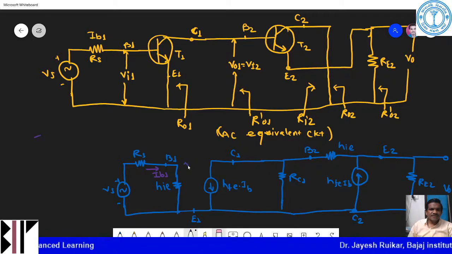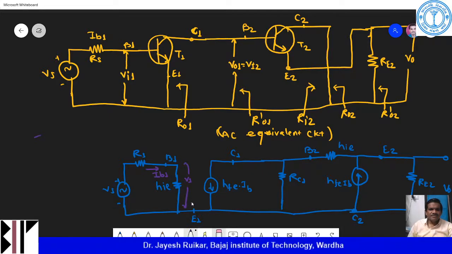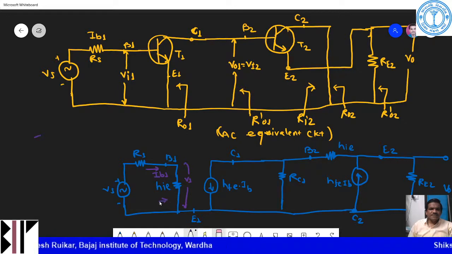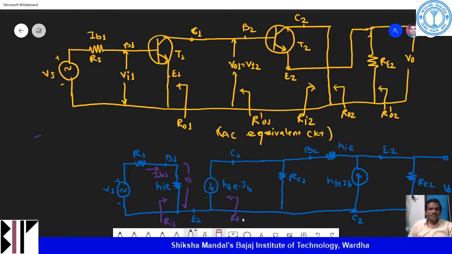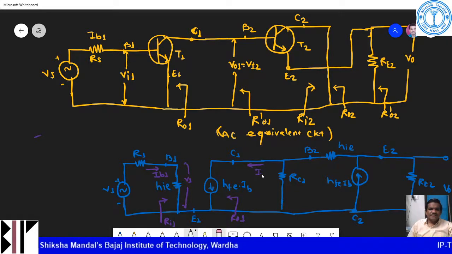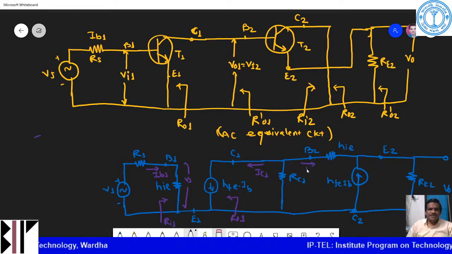This is my VI, voltage E1. And then if you see from this side, you will get an RI1, input resistance at stage 1. Here you will get an RO1. The current flowing through this is my IC1. Current flowing through this base terminal is my IB2.